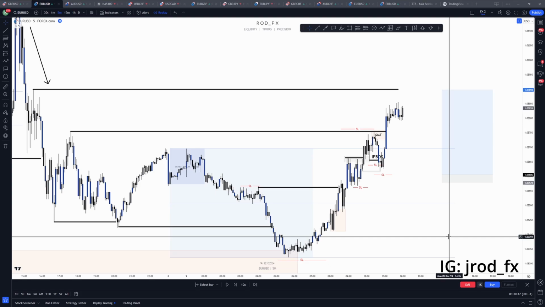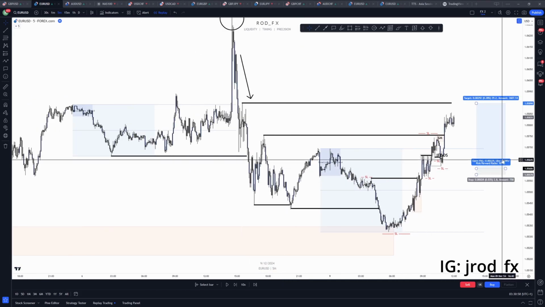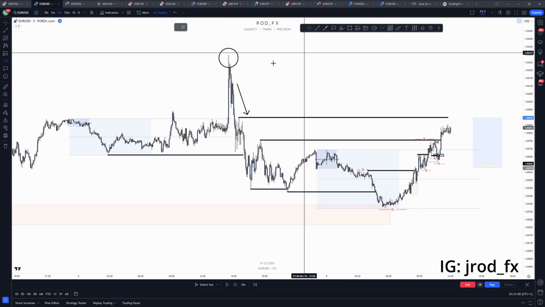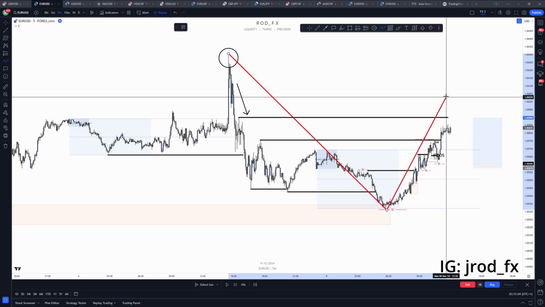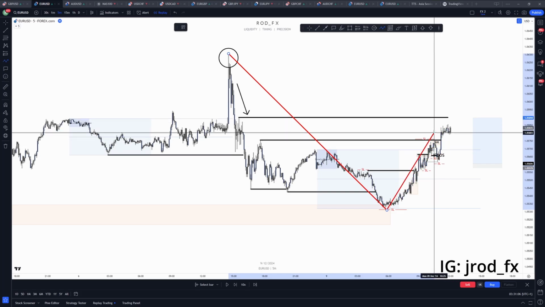Again, at this point, there's no trades. Our goal is really to take shorts because we are still, if we go back, we're still in the structural expectation. We just don't know where the structure will stop, right?